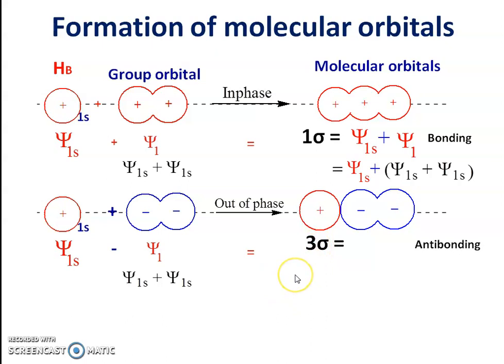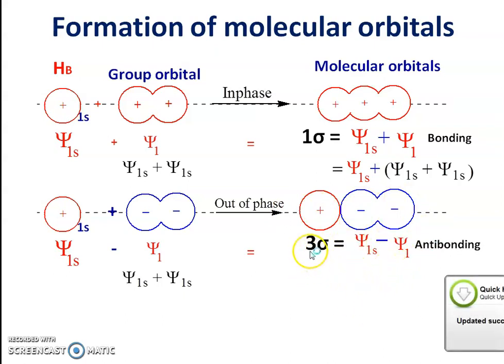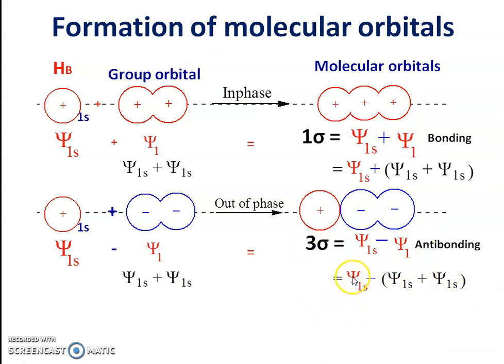So the 3 sigma molecular orbital in non-linear geometry is labeled as e, small e, and you can see here the positive lobe and negative lobe. Between the positive and negative lobes overlapping is not there, and therefore this is an anti-bonding molecular orbital. 3 sigma is equal to psi 1s minus psi 1. Again psi 1 is equal to psi 1s plus psi 1s, and therefore 3 sigma is equal to psi 1s minus psi 1s plus psi 1s.